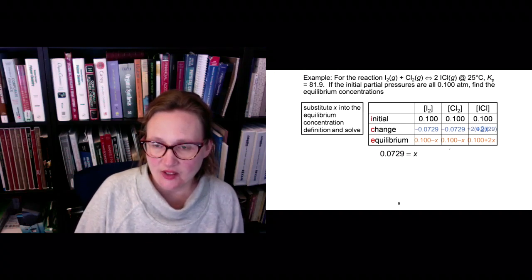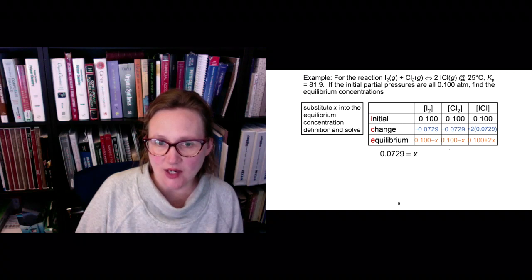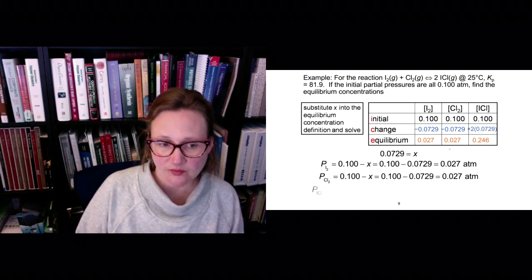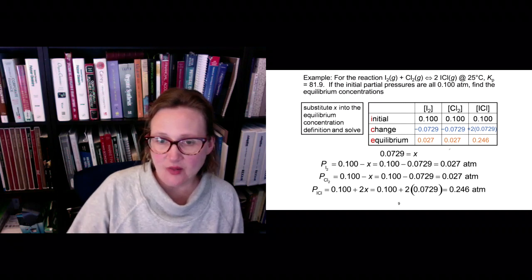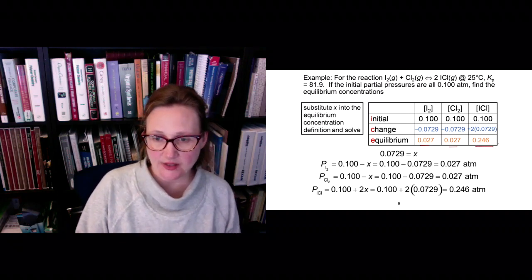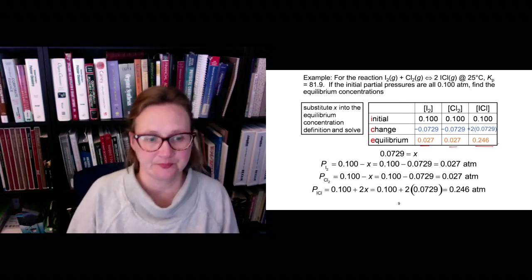All right, so we can substitute those into our ICE table, and we can calculate our concentrations at equilibrium, and we come up with 0.027 each and 0.246 at equilibrium.